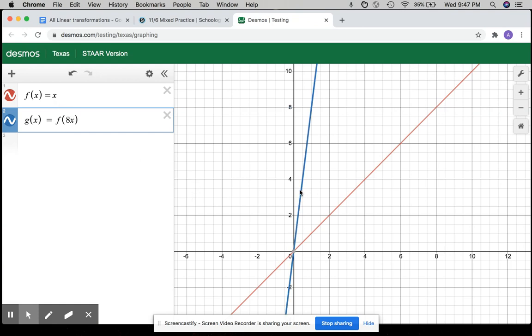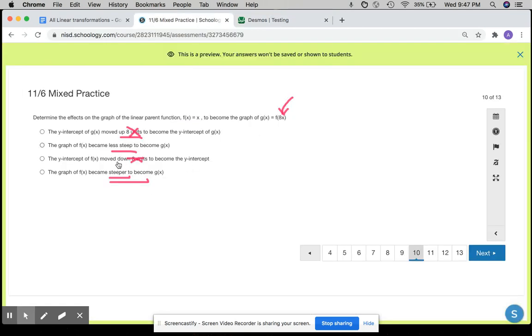So looking at that blue line, it's becoming more vertical. So the more vertical that line becomes, the steeper it is. So this is a steeper line, not a less steep line. So make sure you understand the difference with steep and less steep.